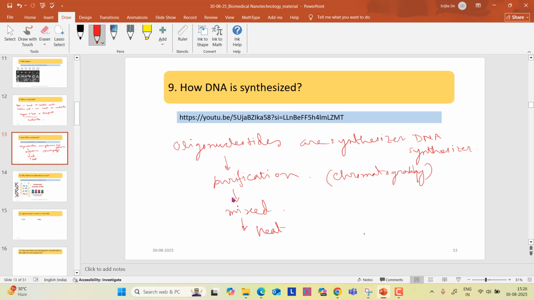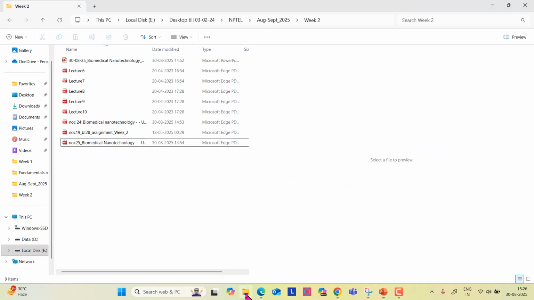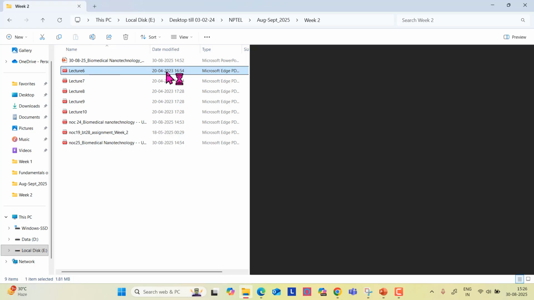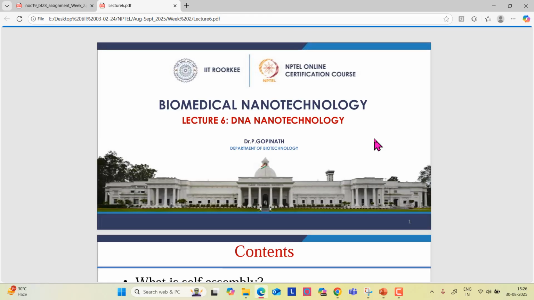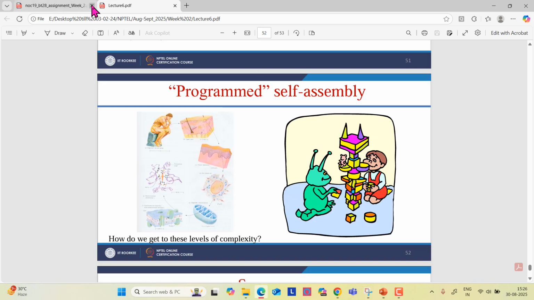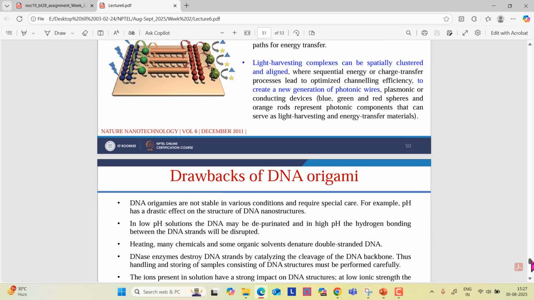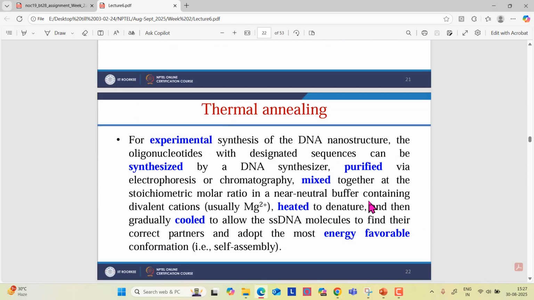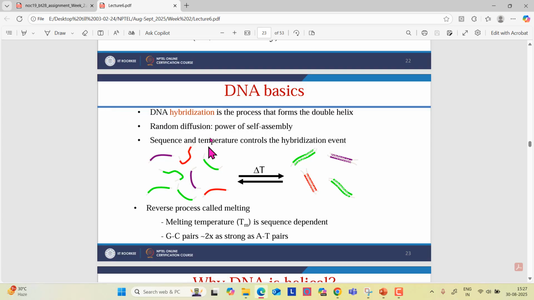So if you see from the lecture itself, initially the single-stranded DNAs are there. When the heat is given, they will find their proper bonds and they will club together.